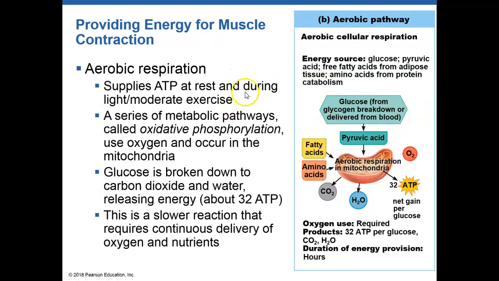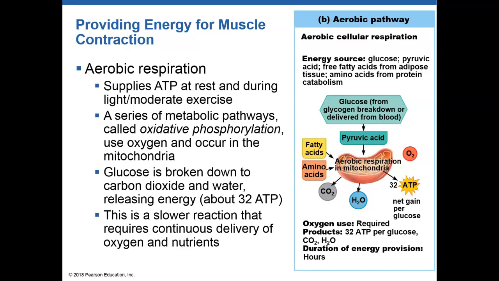Then we have aerobic respiration. This is where we're going to produce the majority of our ATP. For those of you who have not heard about aerobic respiration yet, this is a process of how our cells produce ATP. We use oxygen and glucose together to provide us with a lot of ATP.